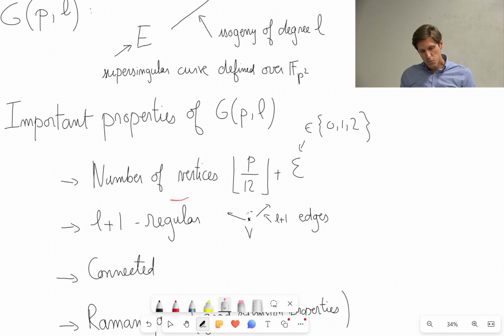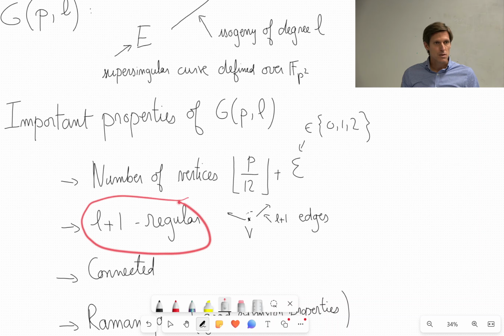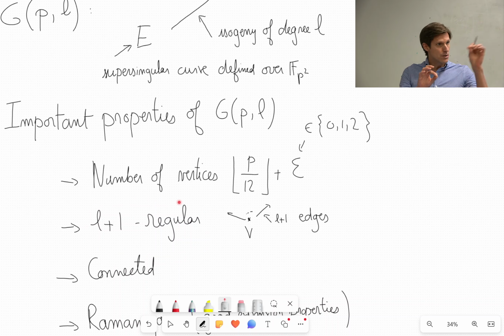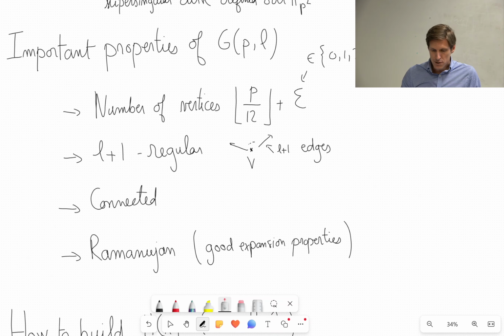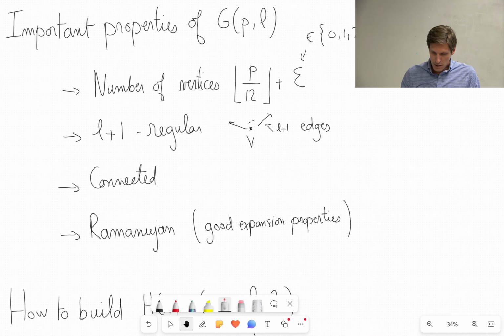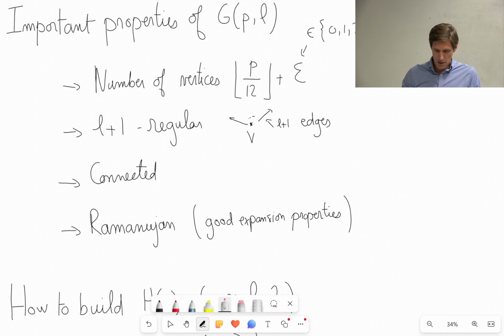It's (L plus 1)-regular, meaning every time you start from a vertex, you have L plus 1 different ways of coming out via an L-isogeny. It's connected, and it's also got good expansion properties, as I believe Wissam mentioned. That's really important because you want rapid mixing properties in that kind of graph, and I will show why regarding the properties of a hash function.